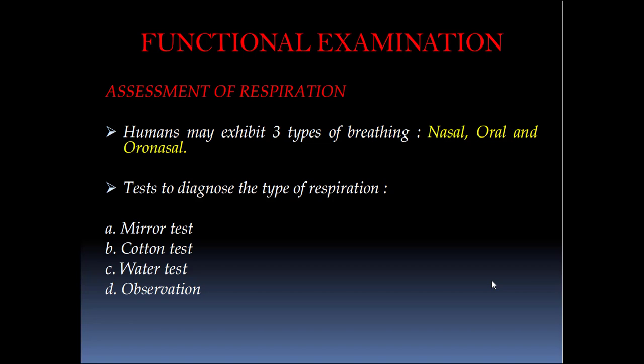If the patient is able to hold water, then he or she is a nasal breather, and if not, then the patient is a mouth breather. Then there is an observation test. In nasal breathers, the external nares dilate during inspiration. In mouth breathers, there is either no change in the external nares or they may constrict during inspiration. So these are the four methods that we can perform clinically.